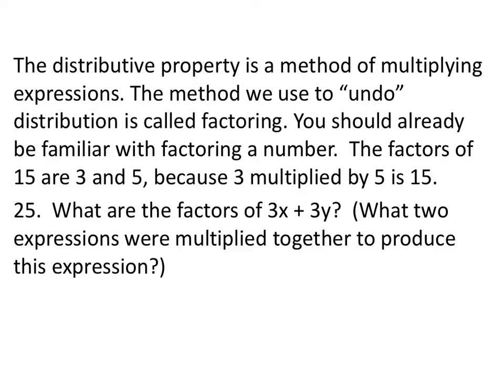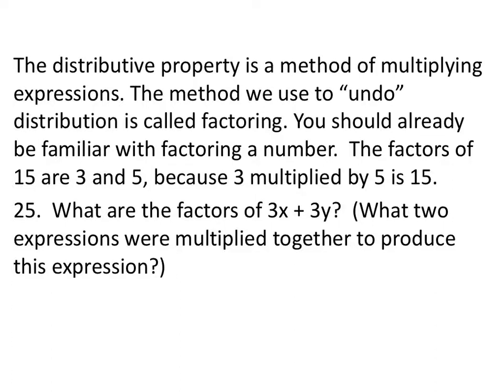So when we're factoring, we're looking for maybe common factors of specific terms. You should already be familiar with factoring a number. The factors of 15 are 3 and 5, because 3 times 5 is 15. So, what are the factors of 3x plus 3y? What two expressions were multiplied together to produce this expression?